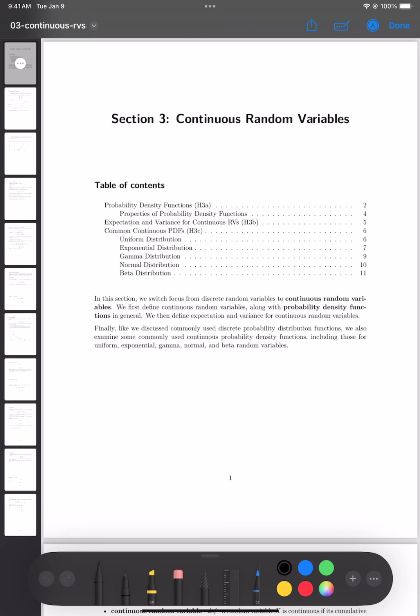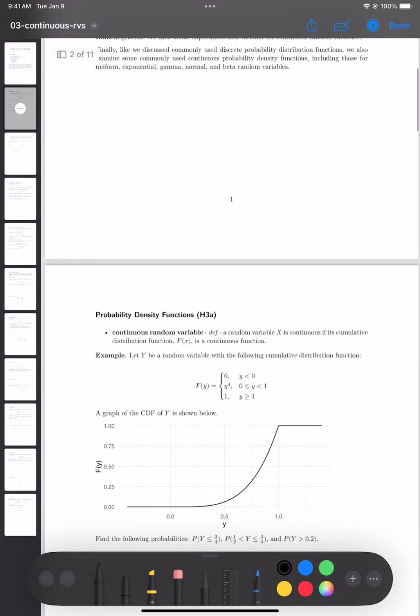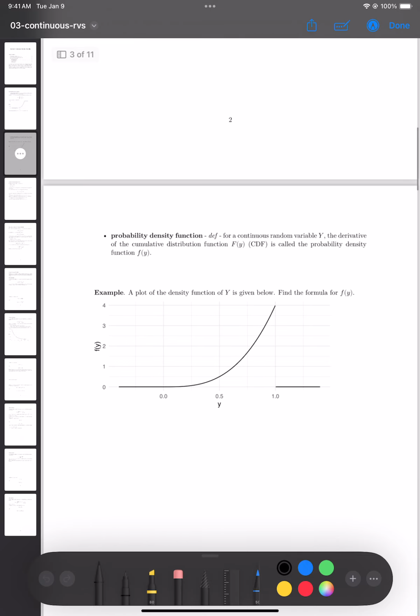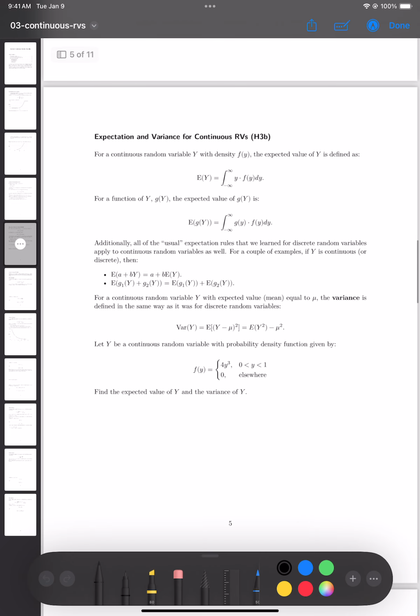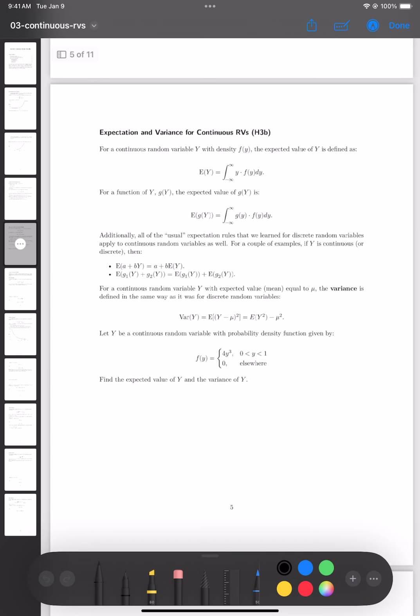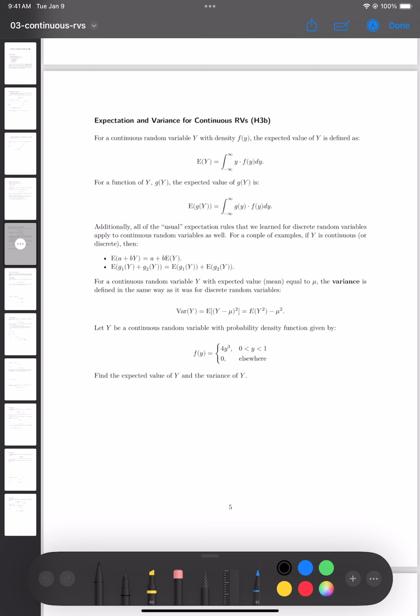So we are now going to talk a little bit about what expectation and variance looks like for a continuous random variable. I'm going to jump down a few pages all the way down to page 5, and we see right away that we have a formula for the expected value of y, where this time y is continuous and it has this density function f of y.